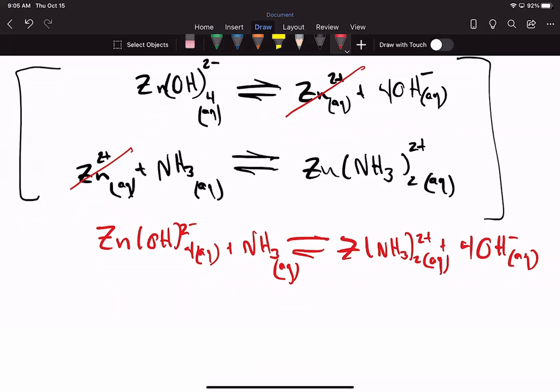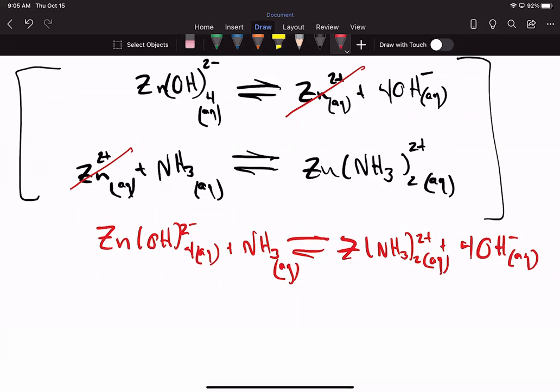So by using this common ion effect, we can come up with these net reactions. If I use one particular adduct and I add another base to it, what's going to be the result of that?